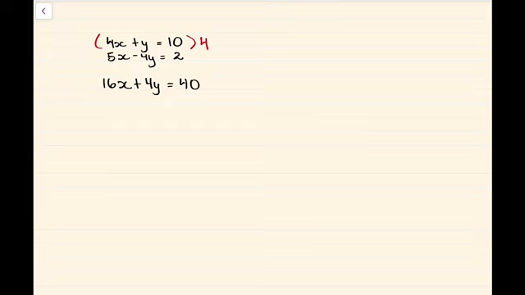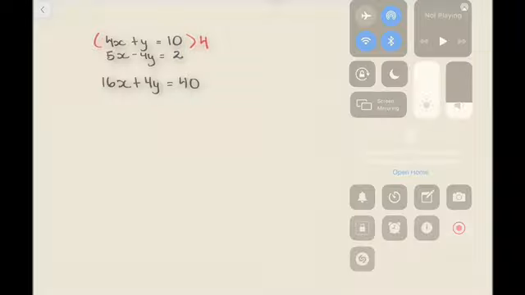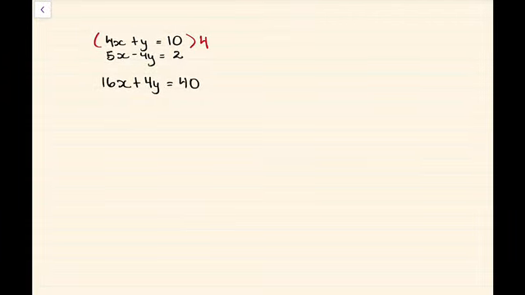Now we're just going to write back the same equation for the second equation. So that's going to be 5x minus 4y is equal to 2. So let's add both equations.